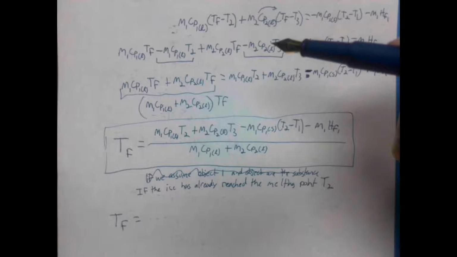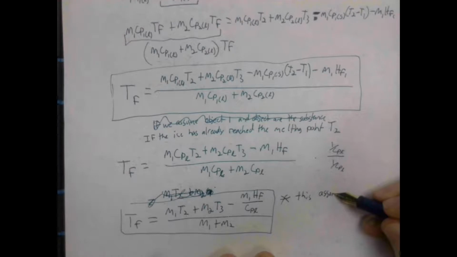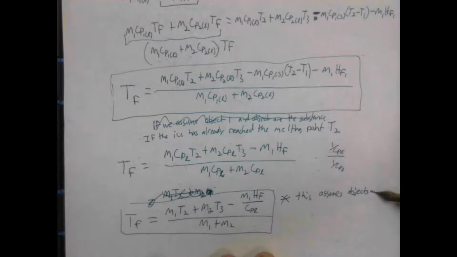This assumes objects are the same chemical and the solid object is at melting point T2, which cleans up the very messy equation significantly.